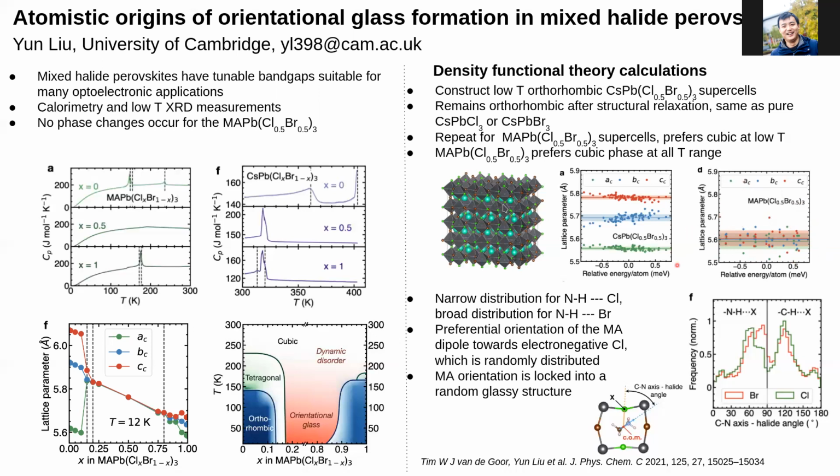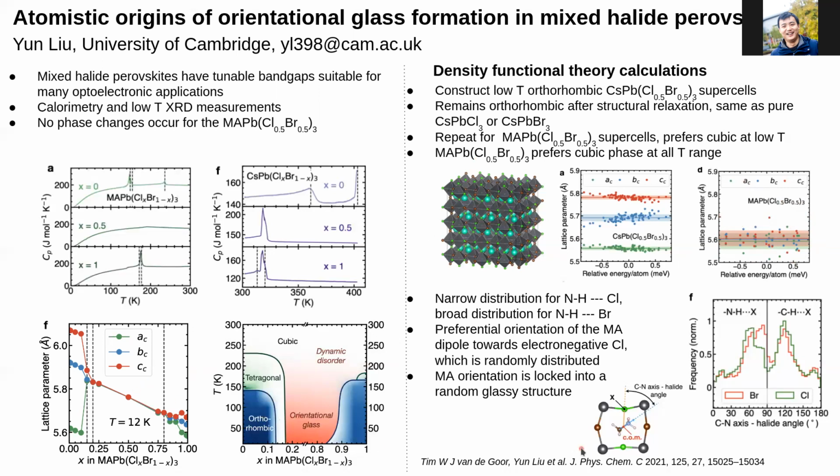So what this means is that a mixed halide system with methyl ammonium prefers cubic at low temperature, and this agrees with the experimental observation that the phase transition is suppressed at low temperature, that the system prefers to be cubic.